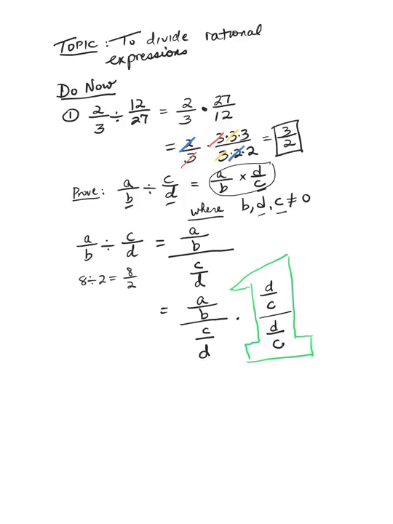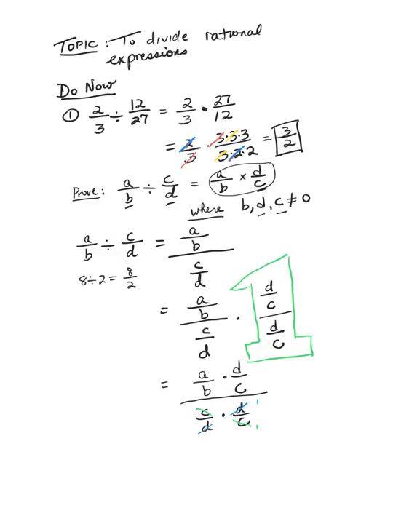So using the rules for multiplication, this becomes A over B times D over C, all divided by C over D times D over C. You can see that these are reciprocals and they divide through to 1 and 1.